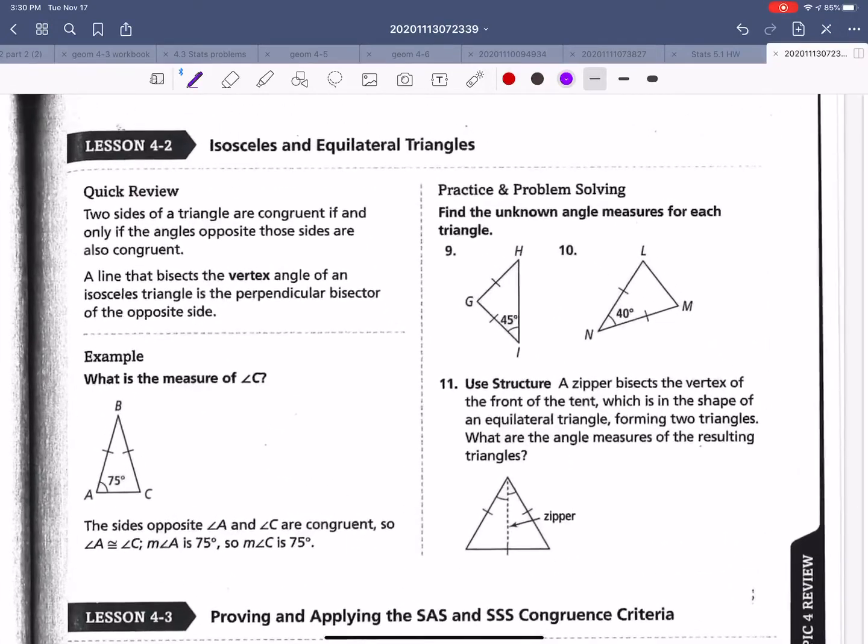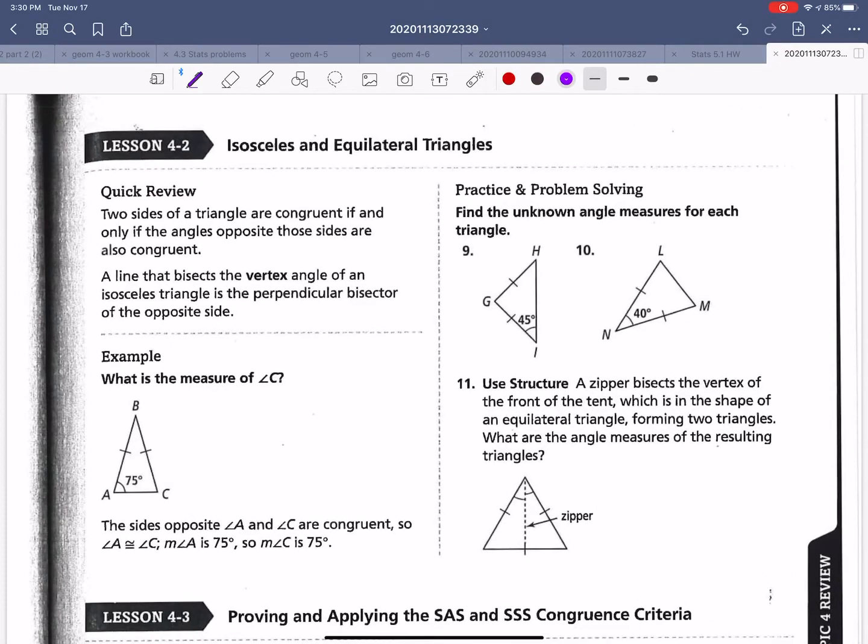So what happened in lesson 4.2? These are the isosceles and equilateral triangles. So remember that the vertex, we called this one up here the vertex, and these down here are the base angles. So why is it so important to identify these things? Well, the reason is because the base angles are congruent. If these two sides are equal, then the base angles are congruent.